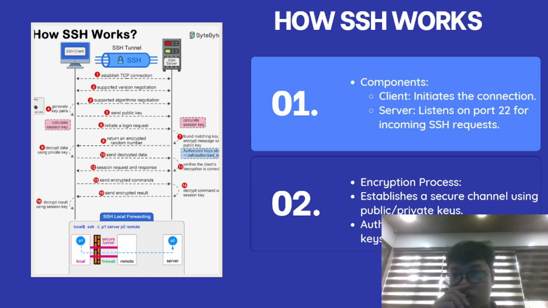We have two components, which are the client and the server. The client initiates the connection and the server listens on port 22 for incoming SSH requests, and the encryption process establishes a secure channel using public and private keys and authenticates using a password or key, as you can see in the picture.